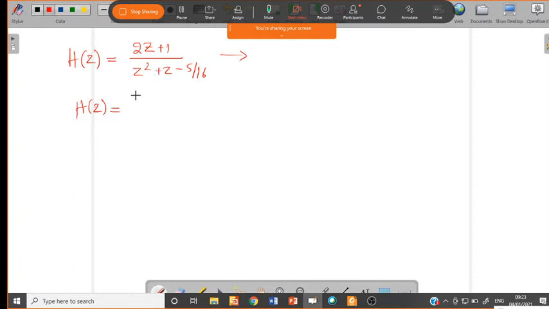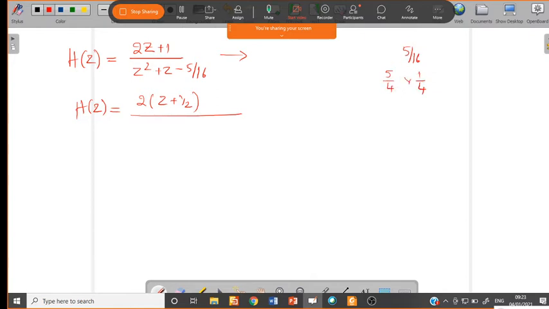If we take 2 outside, it gives z plus 1 by 2, so that means the zero exists at minus half. Similarly, you can find the roots for the denominator. We have to get minus 5 by 16, so we can take 5 by 4 and 1 by 4 as the roots.